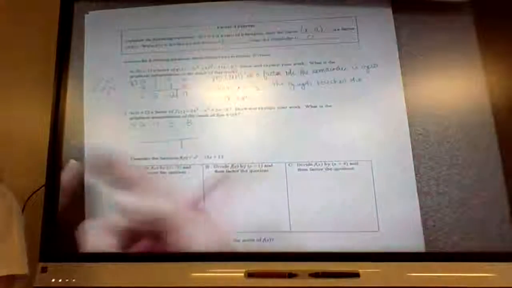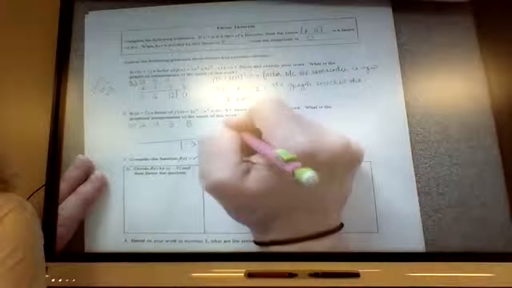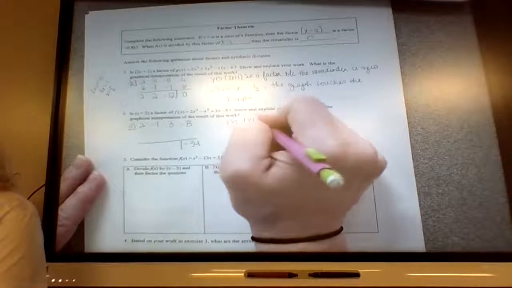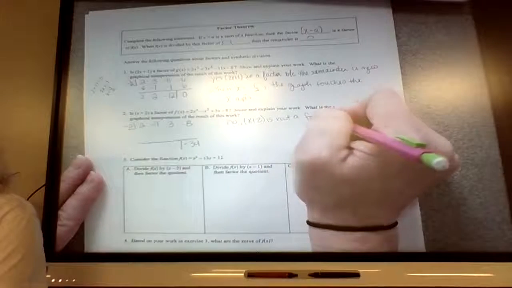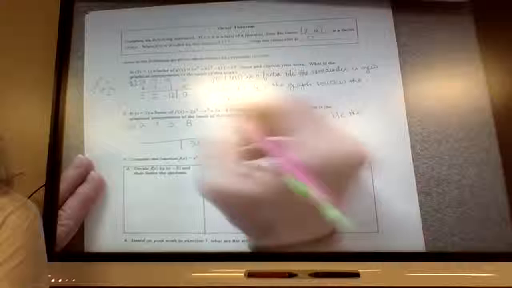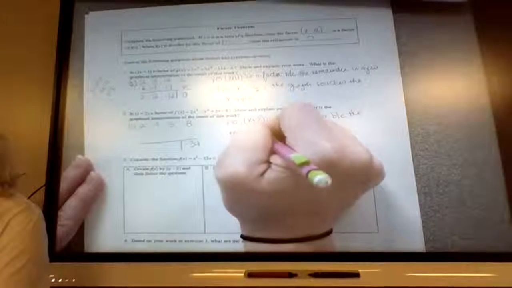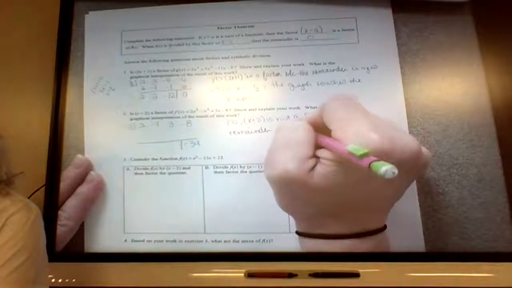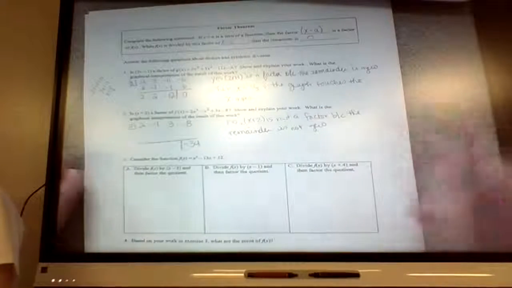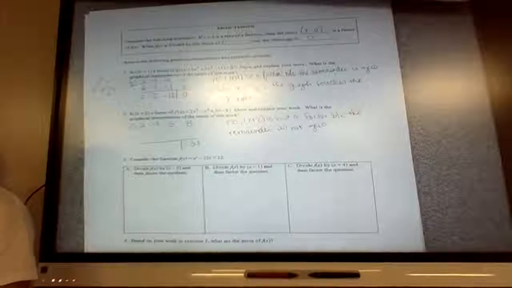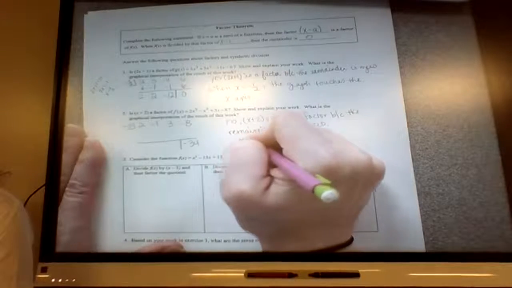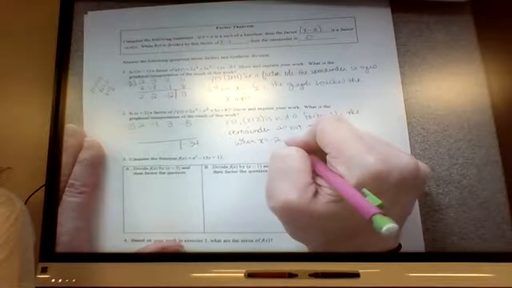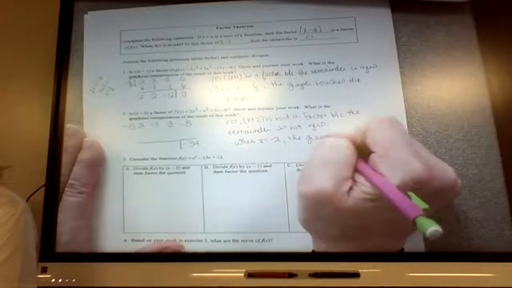All right, when you work this out, you get a remainder of negative 34, right? Okay, so no, x plus 2 is not a factor because the remainder is not 0. And right now, what does it mean graphically? It means it's not going to touch the x-axis at x equals negative 2. When x equals negative 2, the graph will not touch the x-axis.